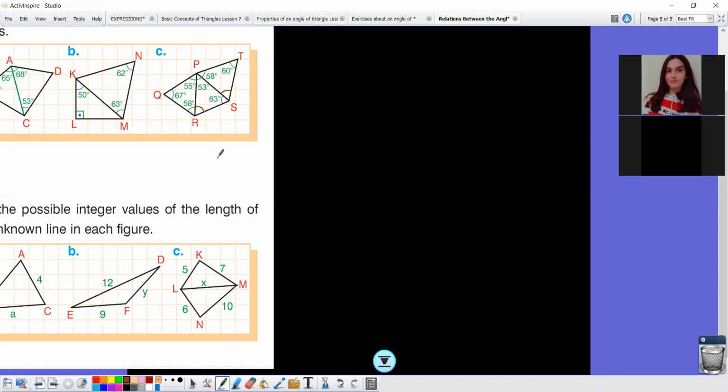The first one will be 180 minus 53 plus 63. So what is it? Can you tell me directly? It will be 180 minus 116, so I think that this one is 64 degrees. Am I right?